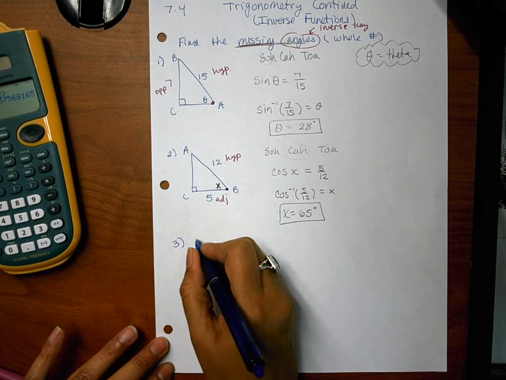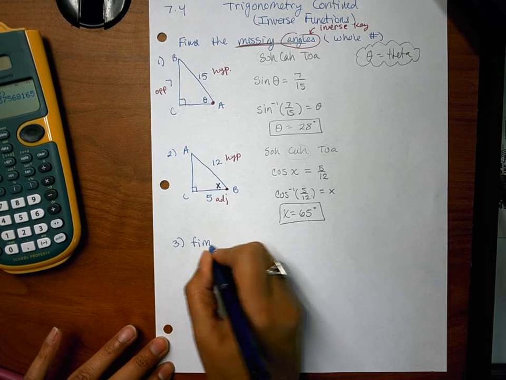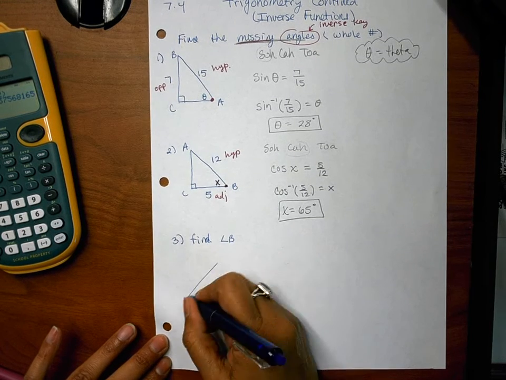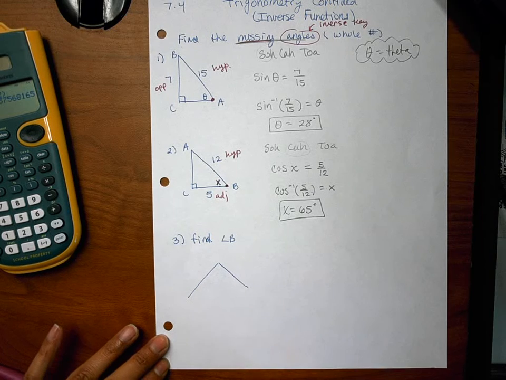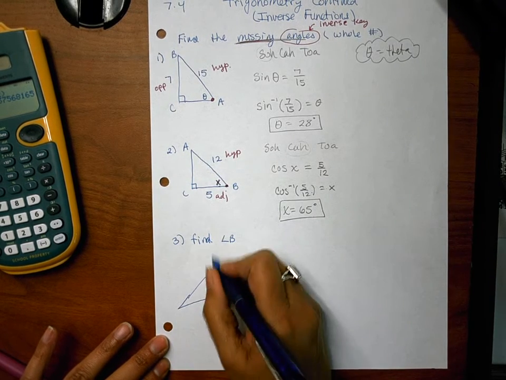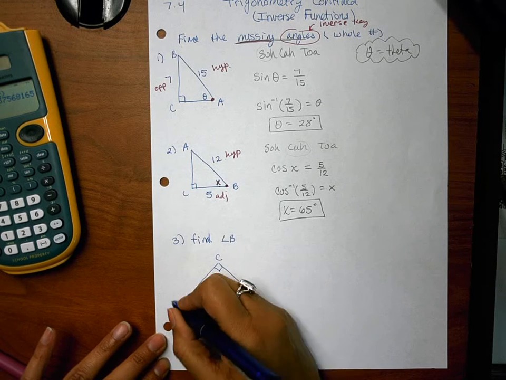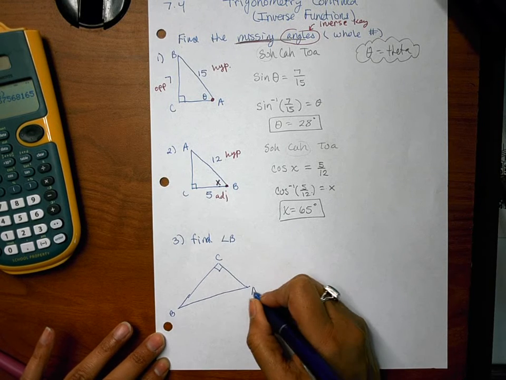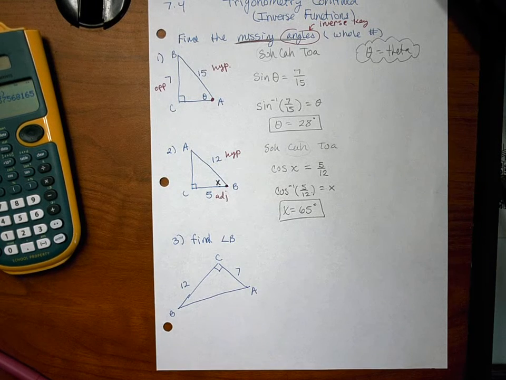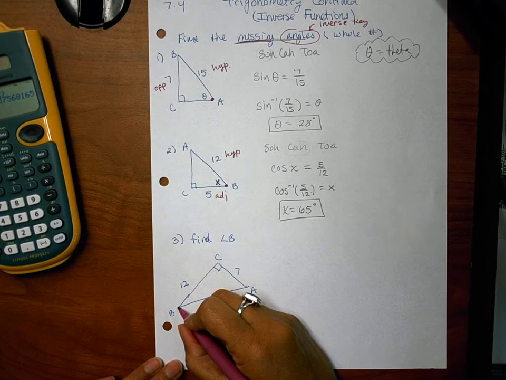Okay, let's try one more. Number 3. Find angle B. Okay, there's my right angle, that's C. This is B, this is A, this is 12, and that is 7.